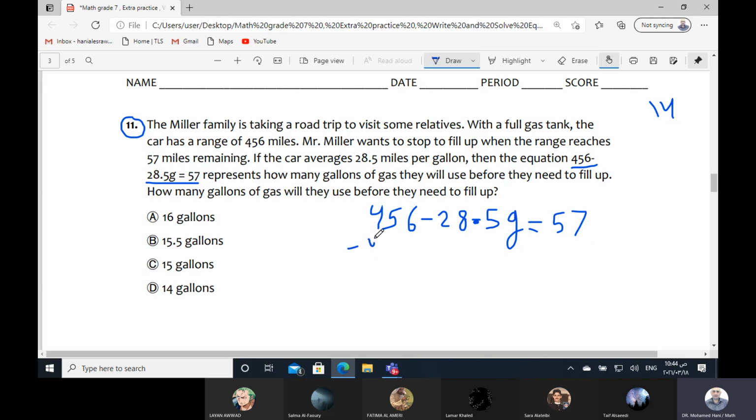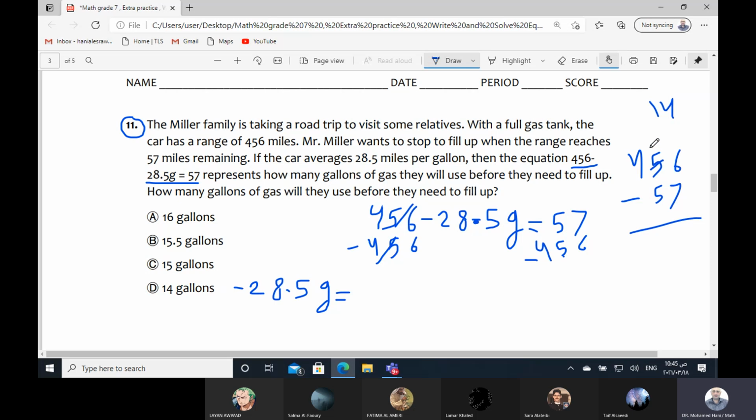So we can subtract. 456 minus 456 will be 0, remains here minus 28.5G. G means gallon. Equal, now we have here 456 minus 57.